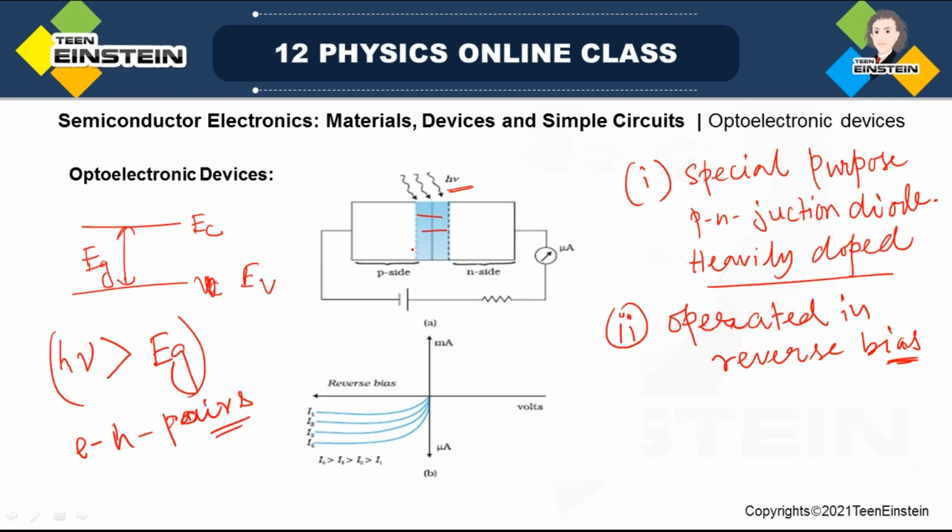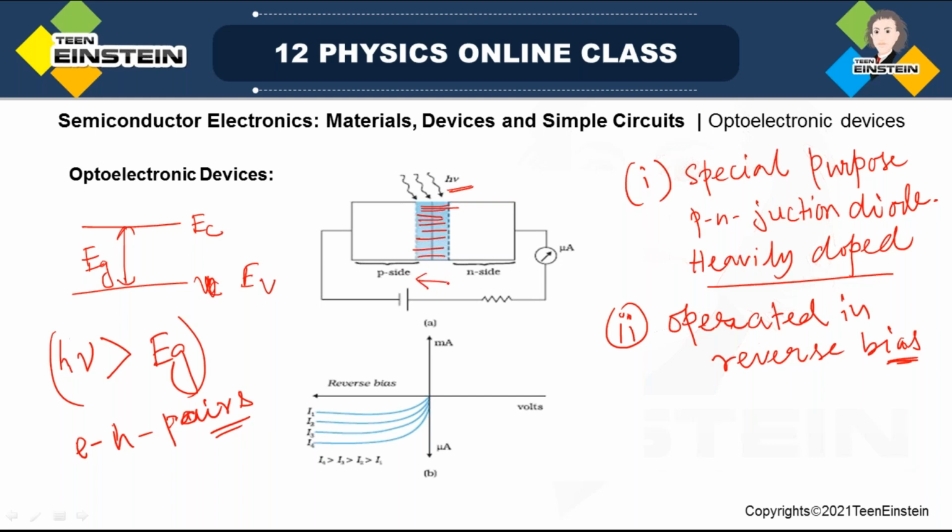Why in this depletion region? Because there is a huge electric field across the junction, due to the built-in potential, you remember that, I hope.